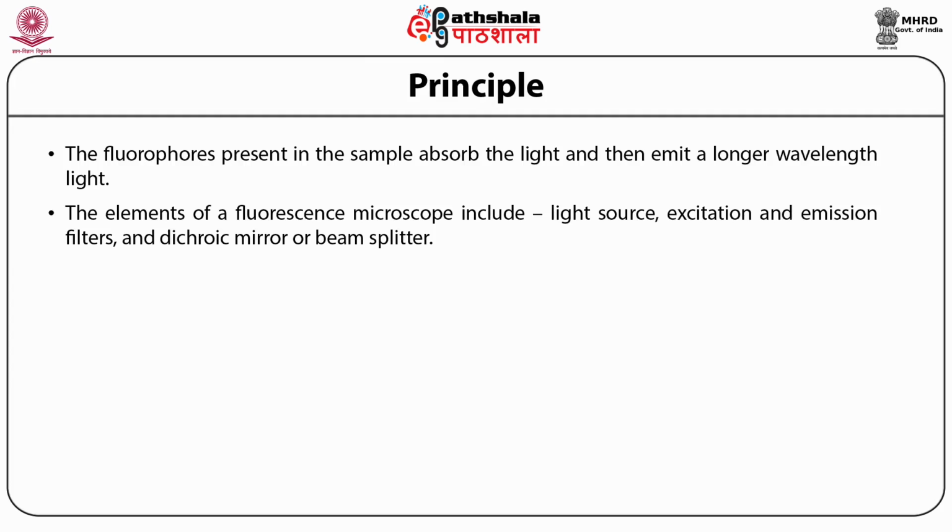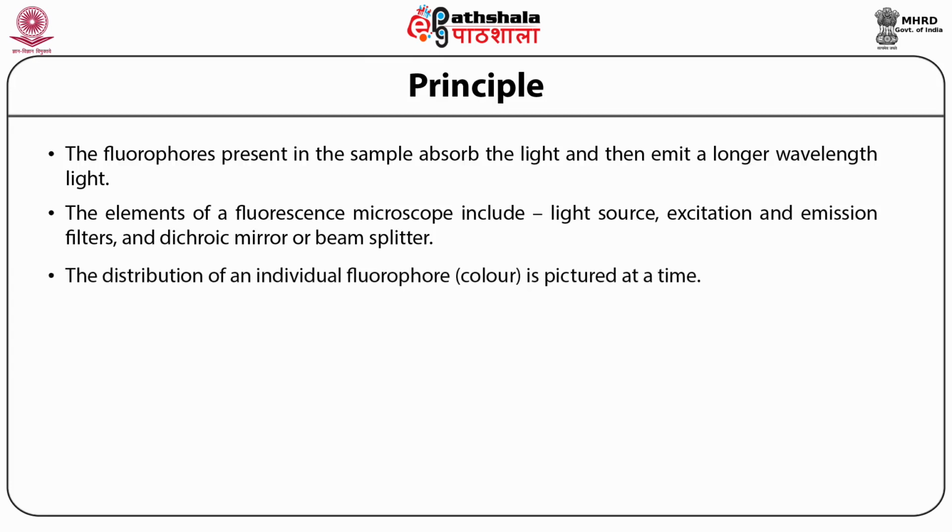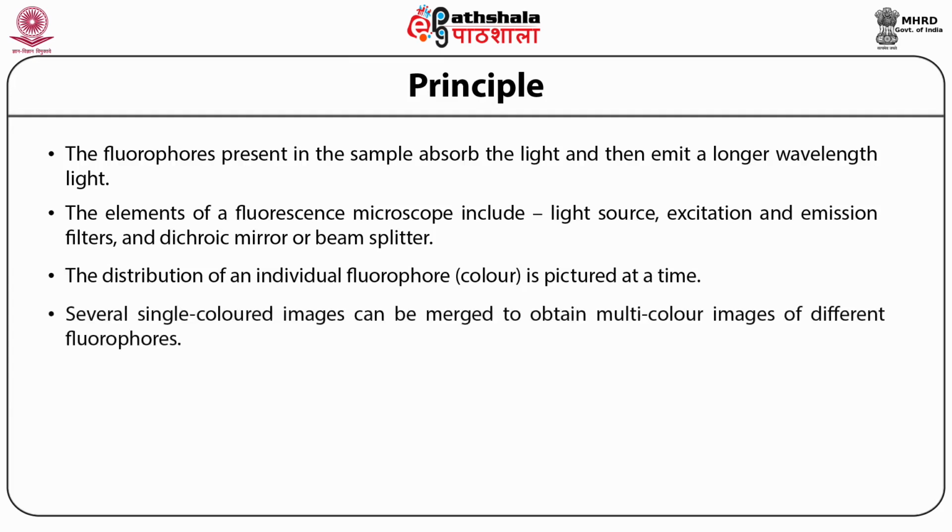The filters and dichroic beam splitter are selected to match the spectral excitation and emission characteristics of the fluorophores employed to mark the sample. The distribution of an individual fluorophore or color is pictured at a time. Several single-colored images can be merged to obtain multicolor images of different fluorophores.